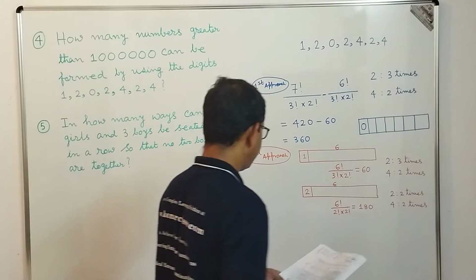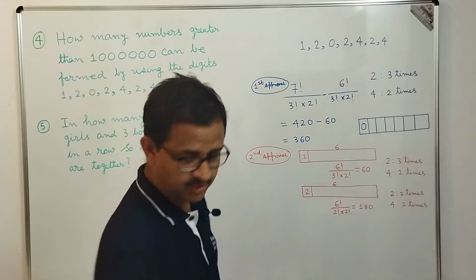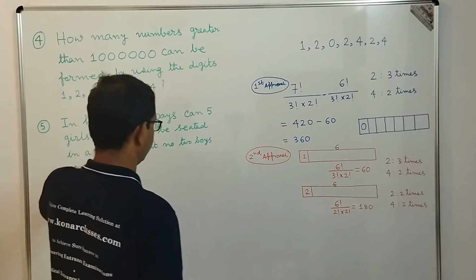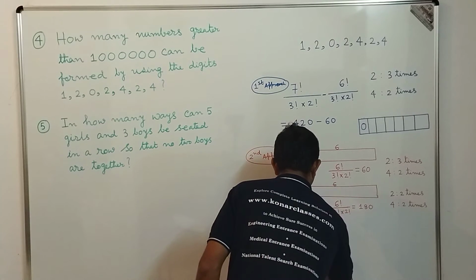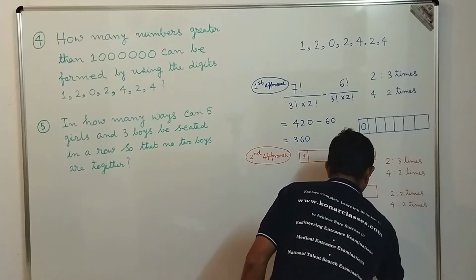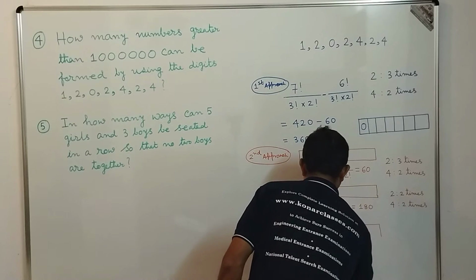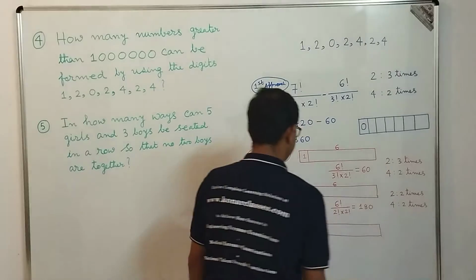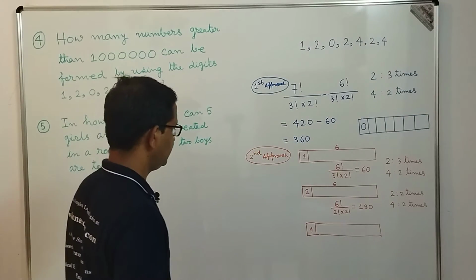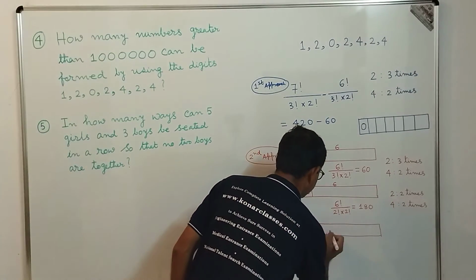Now dear students, let's find the digits starting with 4. So in 4, what will happen, dear students? If we find the digits starting with 4, okay, we will fix it as 4. Then how many digits are we left with? So we are left with 6 digits here.